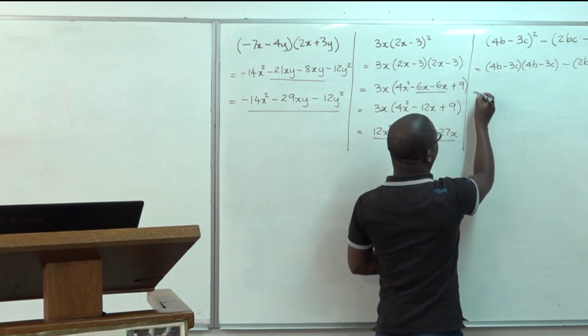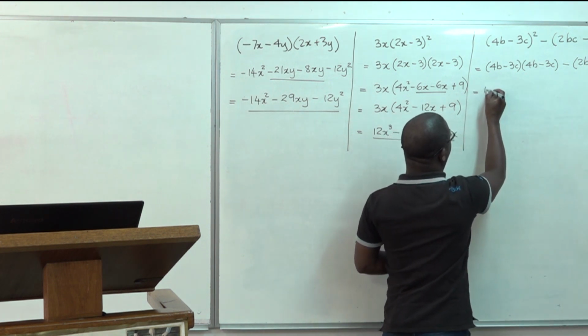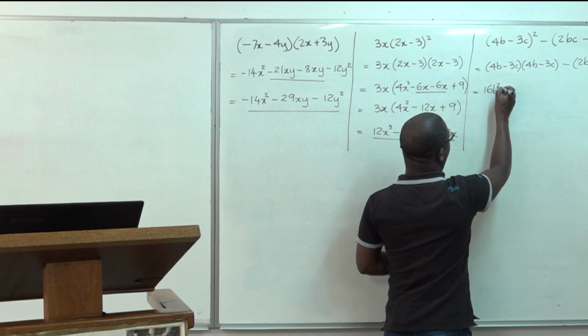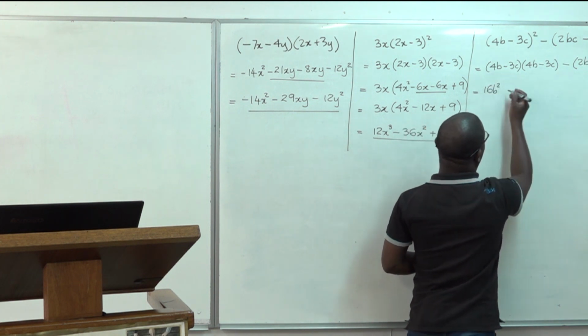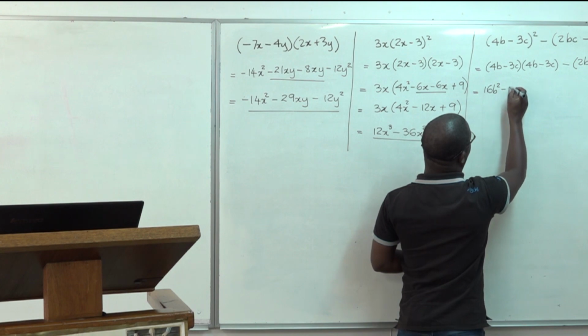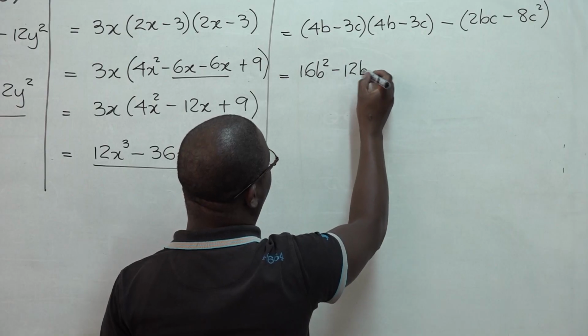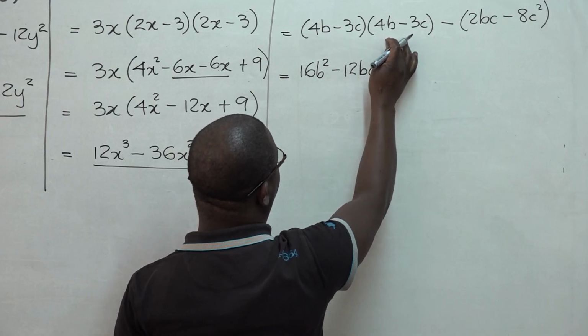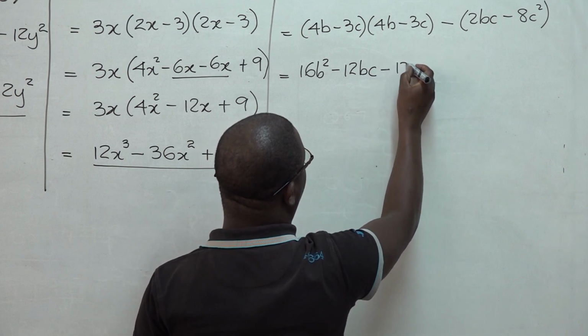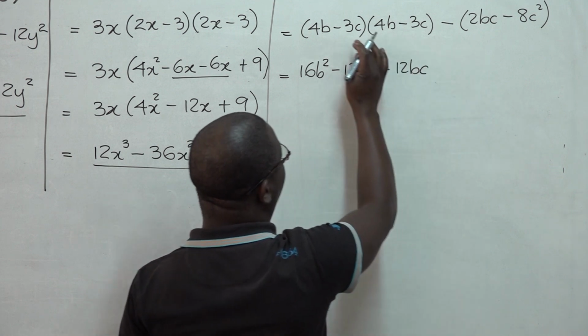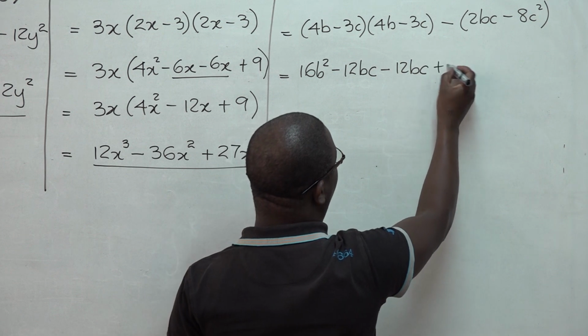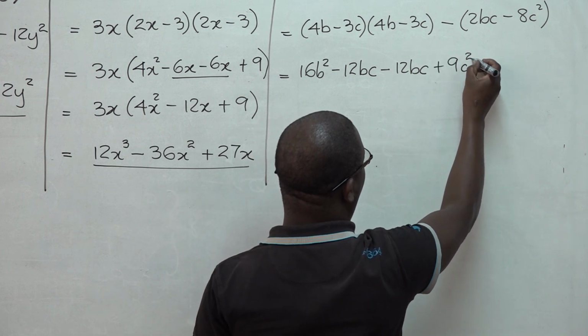We simplify that. 4b times 4b is 16b squared. 4b times minus 3c is minus 12bc. Minus 3c times 4b is minus 12bc. Minus 3 times minus 3 is plus 9c squared.